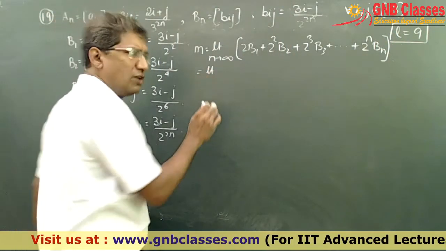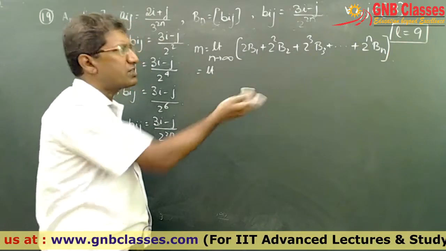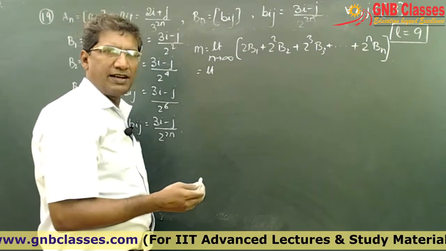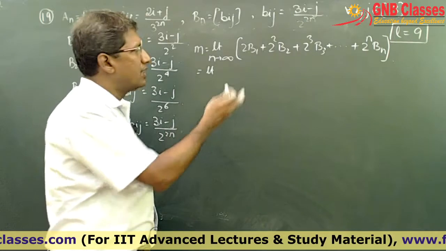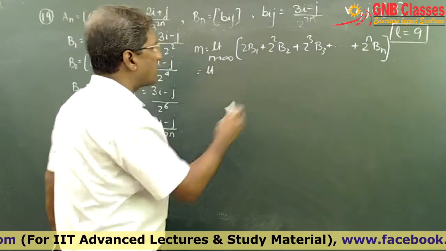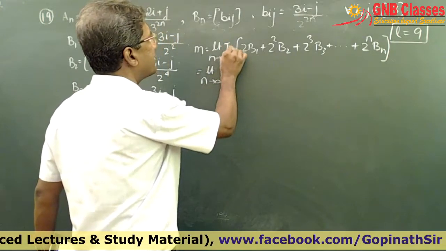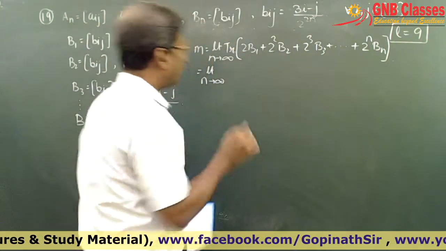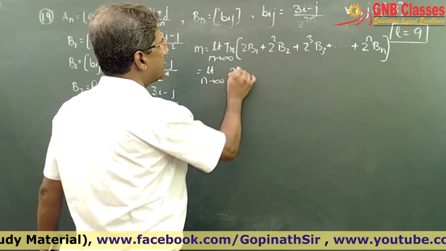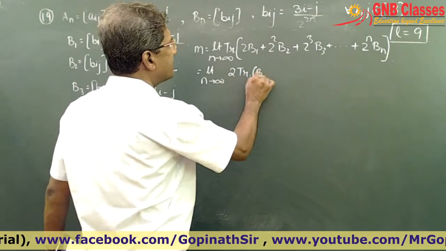I will not expand it elaborately, because just now we have done it for finding the value of L. So you can do it here in a similar way. Here trace is there, right? I'm doing it a little fast so you will understand.